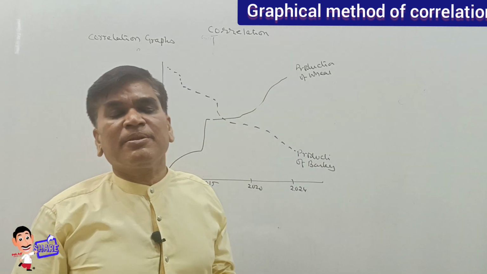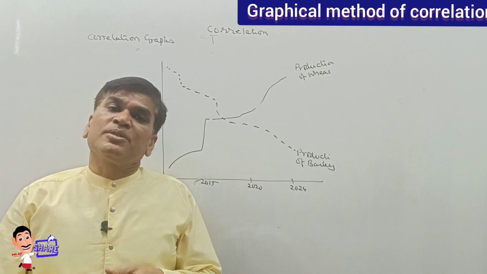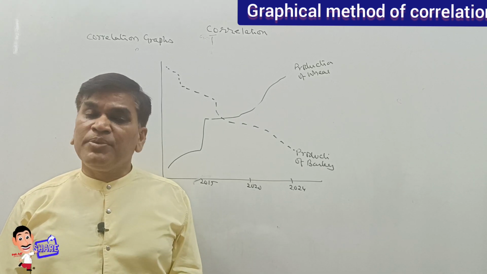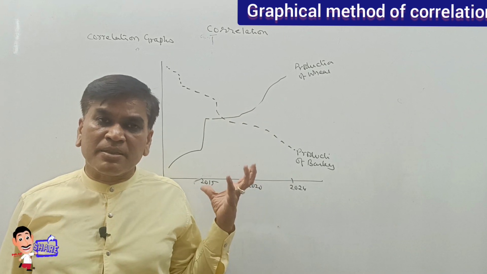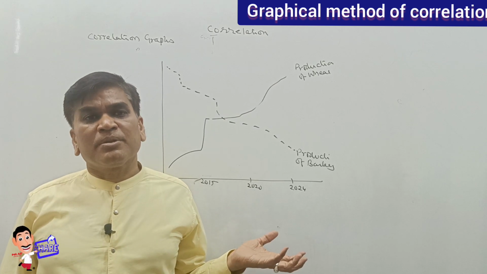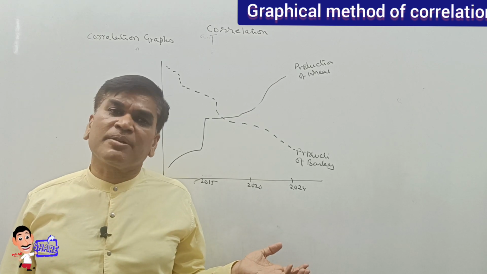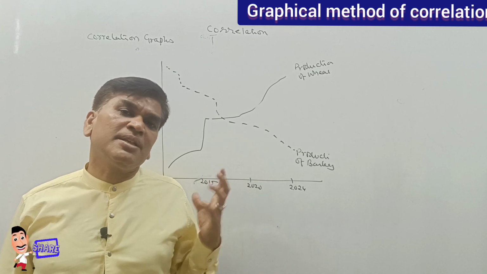So there is a negative correlation between the production of wheat and the production of barley. With the help of the graph, we can tell the direction of the correlation, whether it is positive or negative. This is the graphical method.